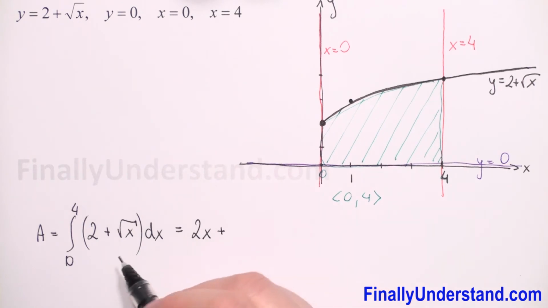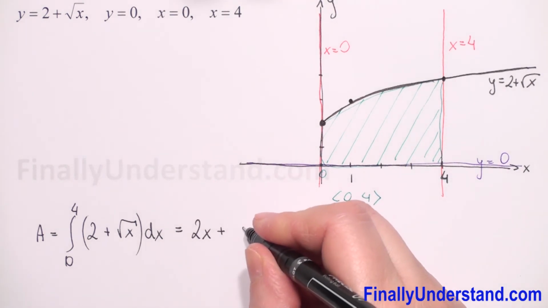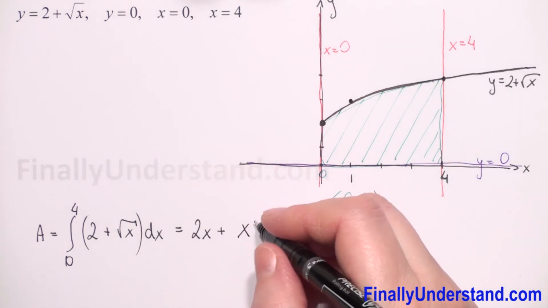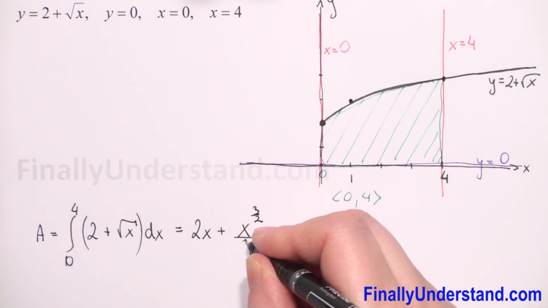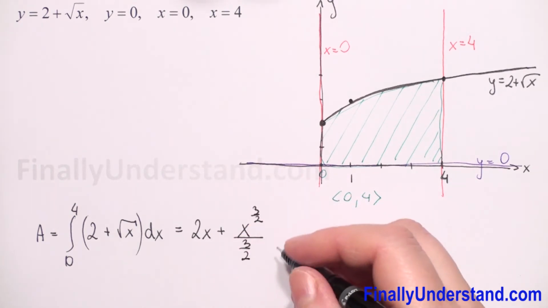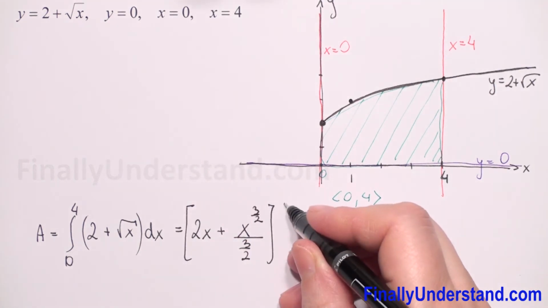And next we have the integral of square root of x. So we can change this to a power function, x to the power 1/2. So the integral of x to the power 1/2: x to the power 1/2 plus 1 is 3 over 2, over 3 over 2. And we have the definite integral from 0 to 4.